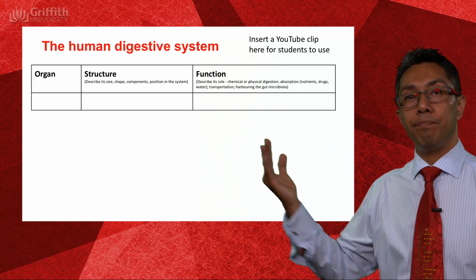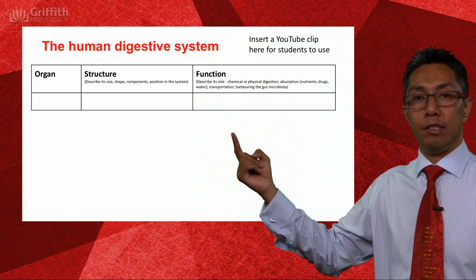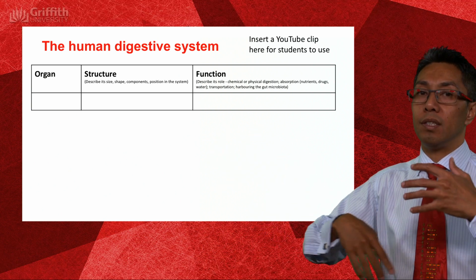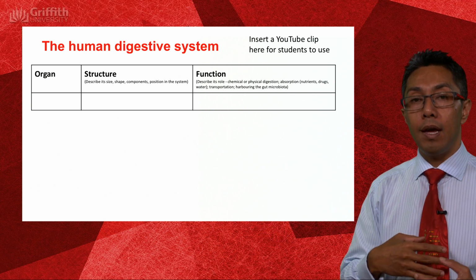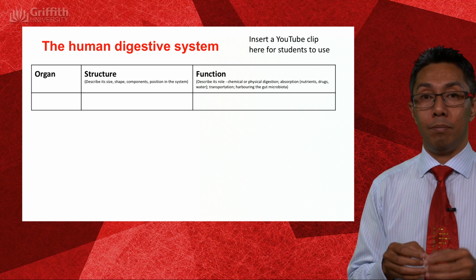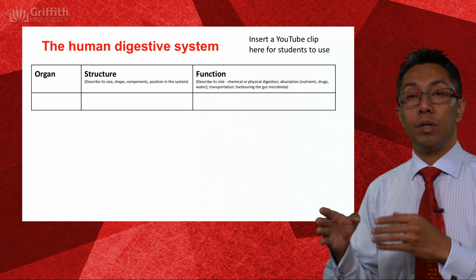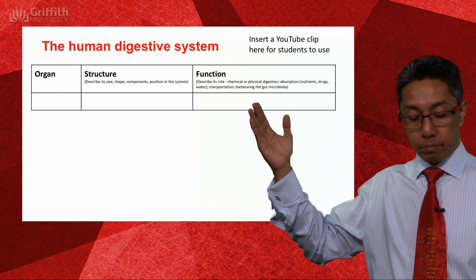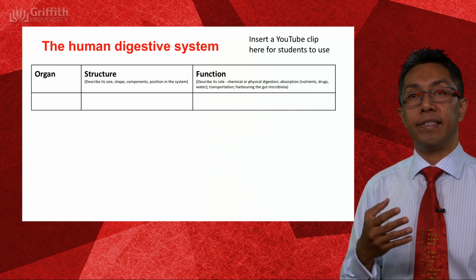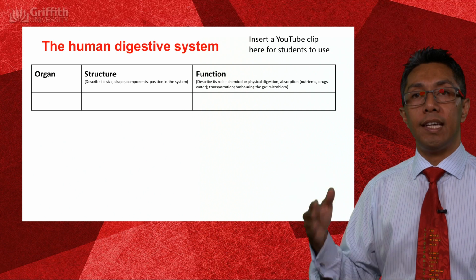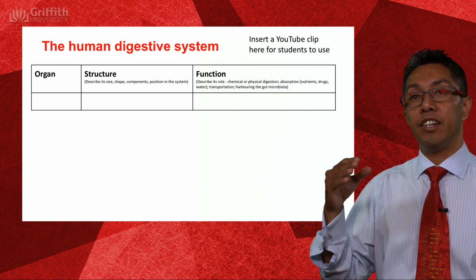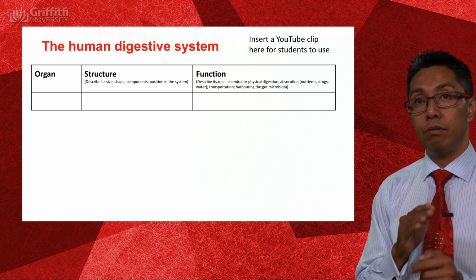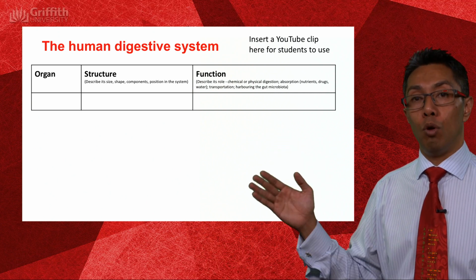Once you've done that, then two key things you need to be able to do is describe the structure, so what's its size, shape and so forth, and also position in the system, because that's also related to its function. Yeah? And then also the function. Now, in terms of the digestive system, the various organs either have a digestive role, and that can either be chemical or physical digestion, and or an absorption role.